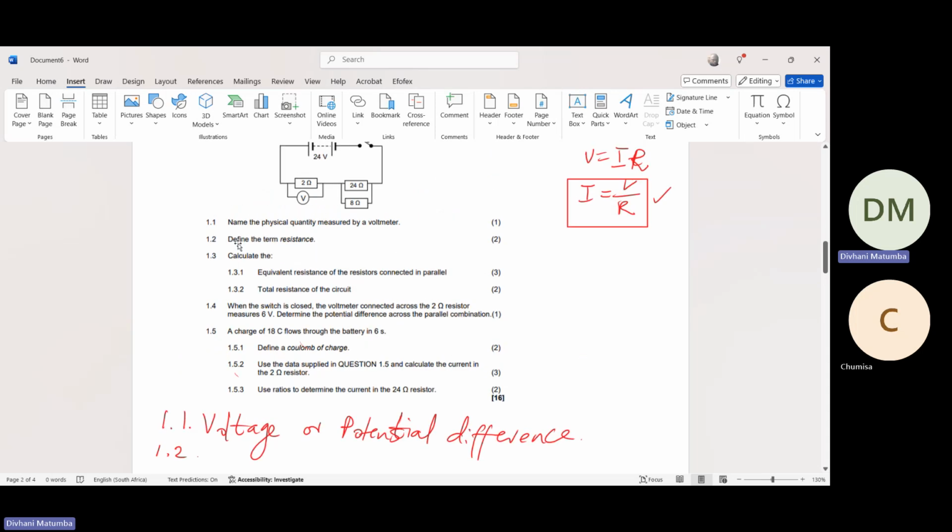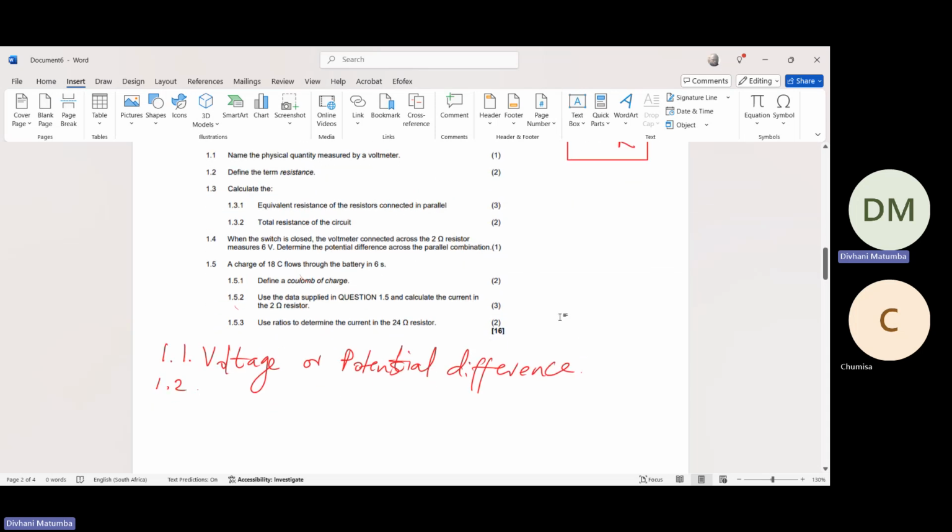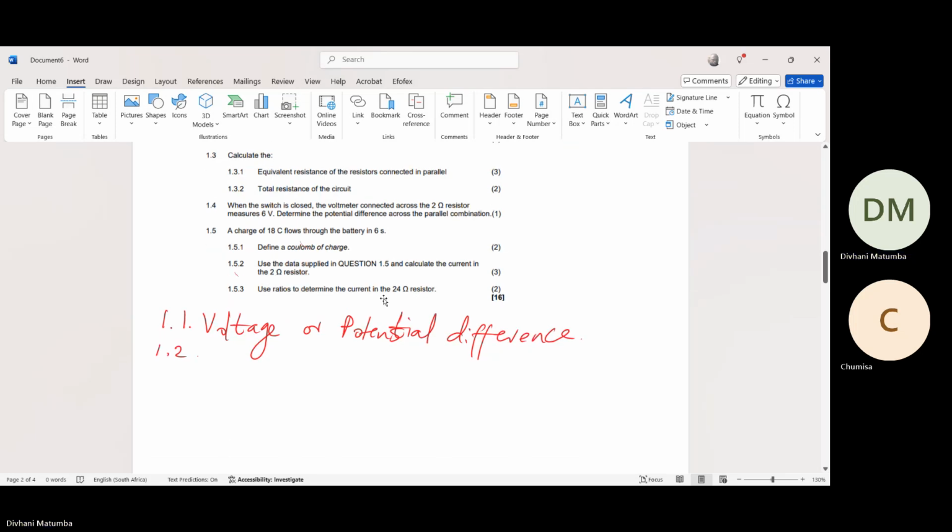Okay. Define the term resistance. What is the resistance? The opposition of the flow of current in an electrical circuit.